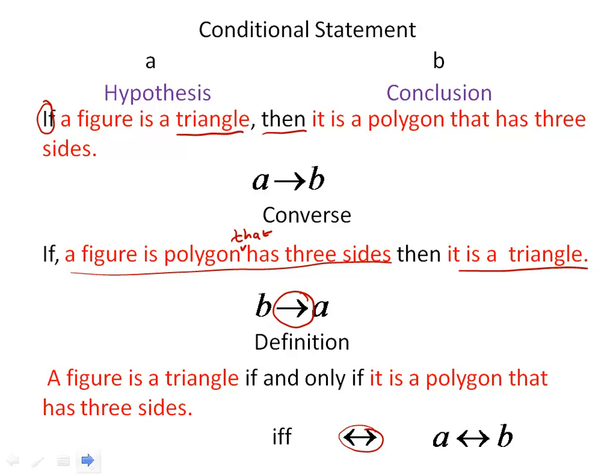So A if and only if B is how we would say that. And that is an example of how we take two conditional statements, one the converse of the other, both of which have to be true, and turn them into a definition.